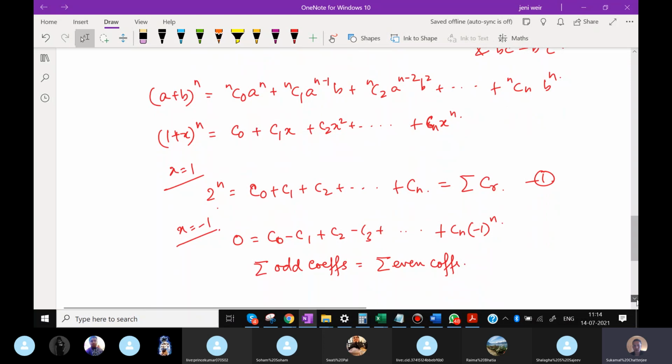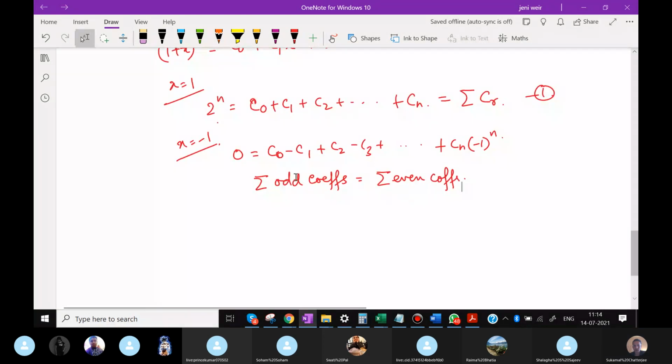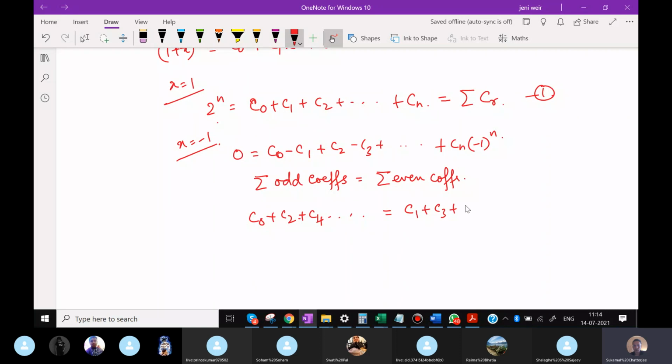That means C0 plus C2 plus C4, etc. will be equal to C1 plus C3 plus C5, etc. And this will be equal to 2 to the power n divided by 2, which is 2 to the power n minus 1. So this is the second important result.